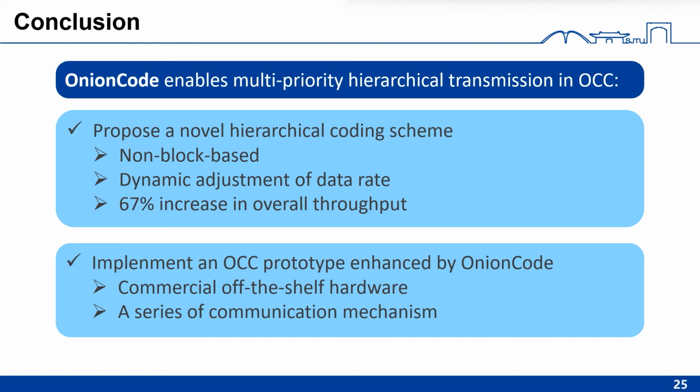Experiments show that ONIONCODE has a 67% increase in overall throughput compared with the state-of-the-art coding scheme. And we implement an OCC prototype enhanced by ONIONCODE, using a commercial off-the-shelf LED array and cameras. A series of communication mechanisms are designed to ensure synchronization and decoding at the receiver.